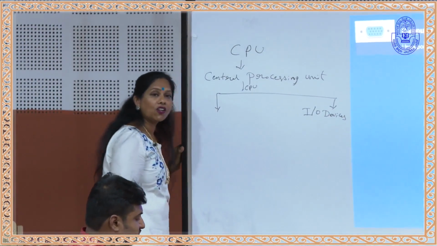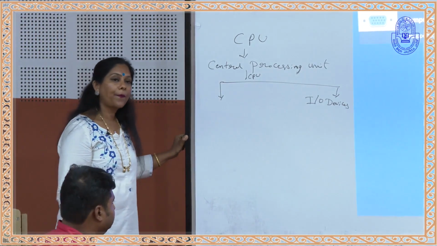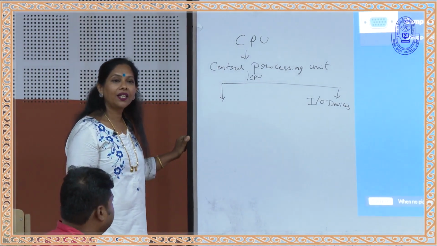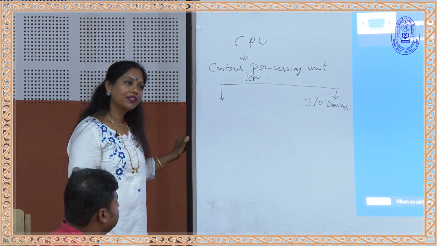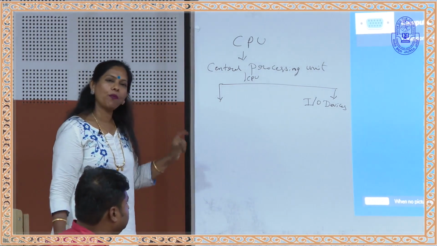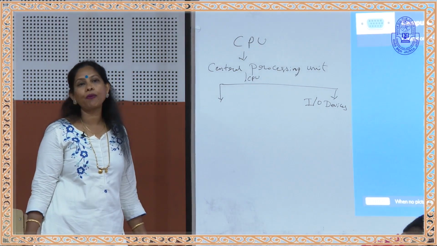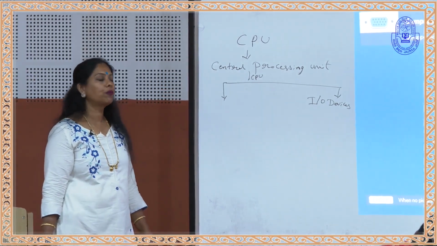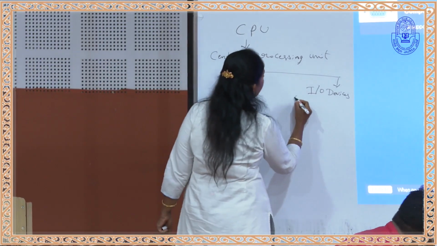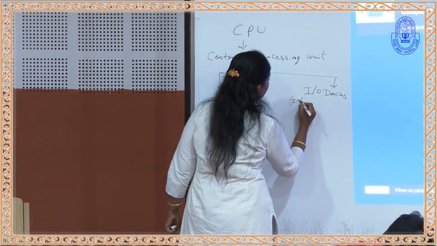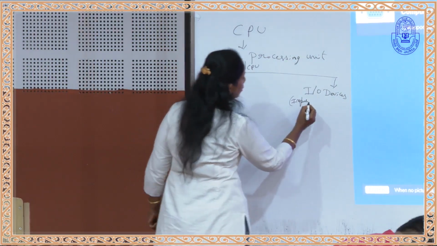I/O devices are also called peripheral devices. I/O means input and output only. We always write like this. I/O means input and output devices. If you want, I will write the expansion.